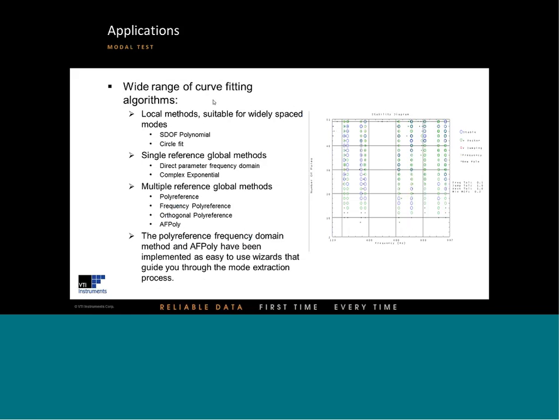A couple of local methods, which are suitable for widely spaced modes where they are well separated in the frequency domain: single degree of freedom polynomial and circle fit. We have some single reference global methods, so they use the full FRF, but only for a single reference: a direct parameter frequency domain and complex exponential.